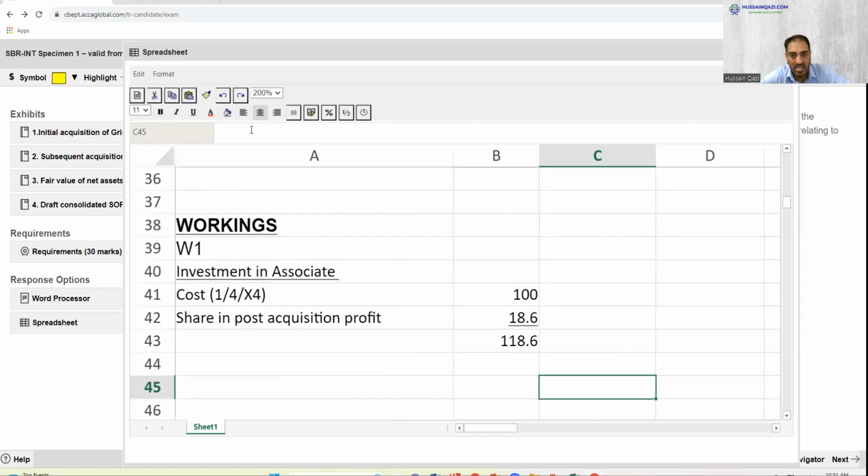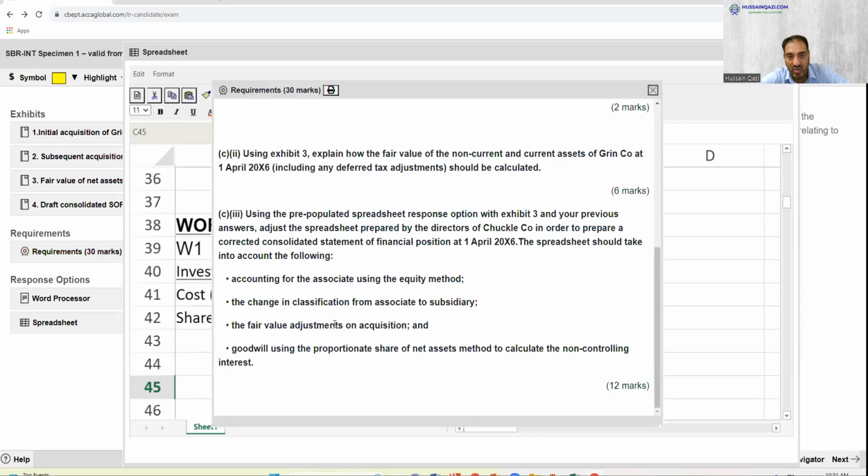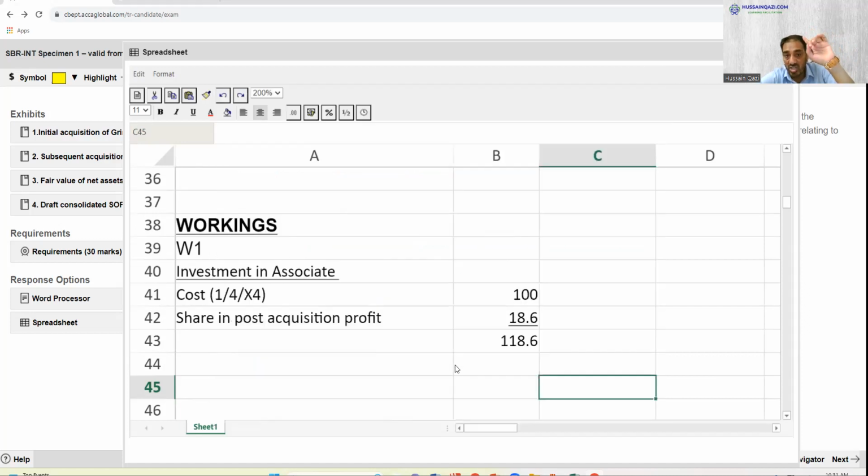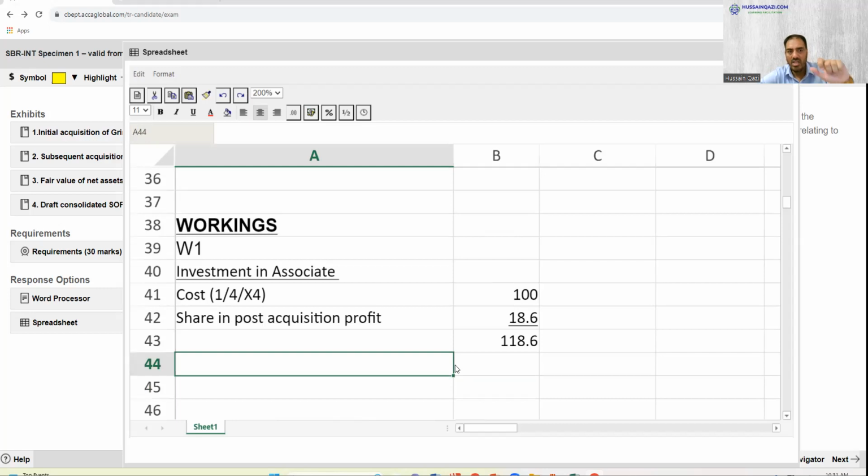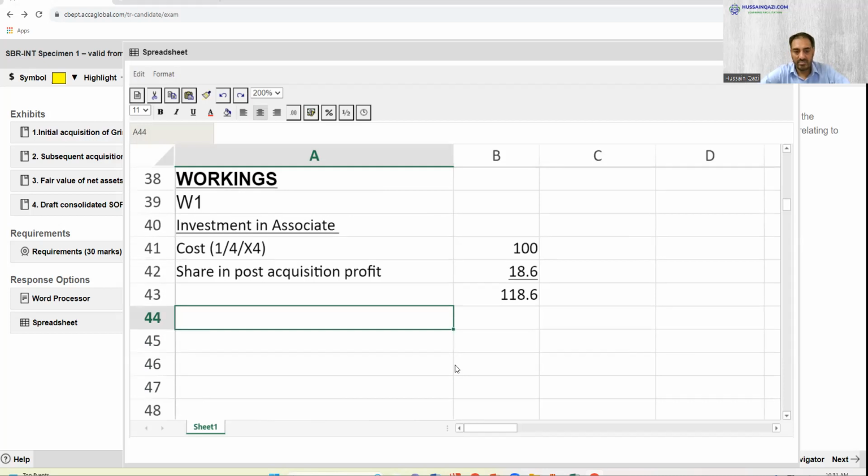Okay, next. Now the next requirement. The first one you have done, accounting for associate using equity method. It's all clear. Now, the change in classification from associate to subsidiary. Here change in classification, that's called some fair value adjustment, that step adjustment.